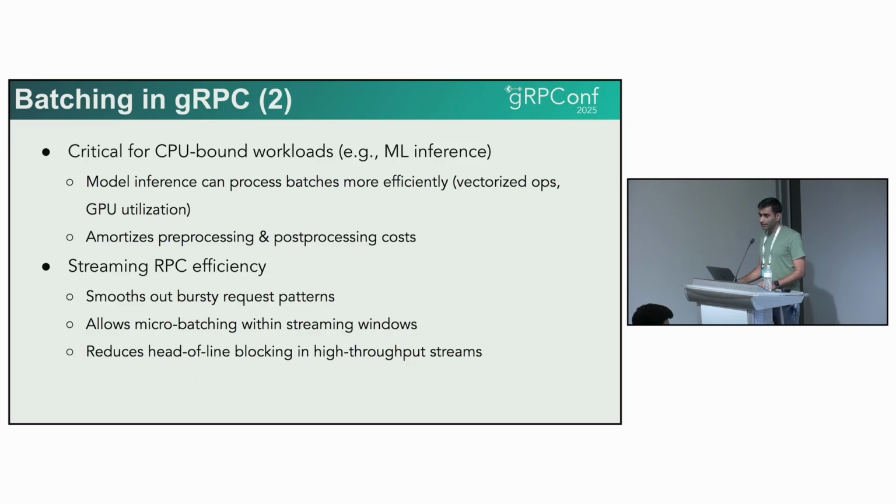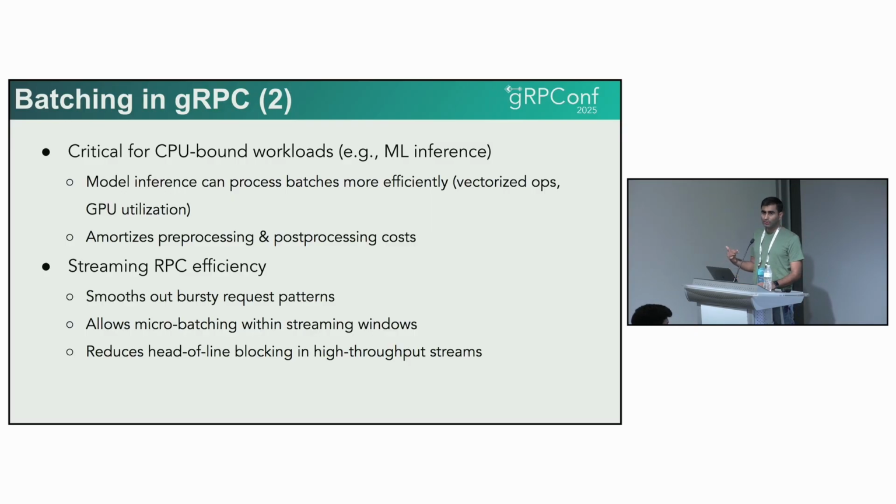So batching matters a lot when your workload is mostly CPU bound. ML inference is one example. Mostly now we also do ML inference on GPUs. But let's say we want to run inference on CPU. Instead of just pushing one item through the model, we create a tiny queue on the client side, and we batch them, let's say 16 or 64 items.